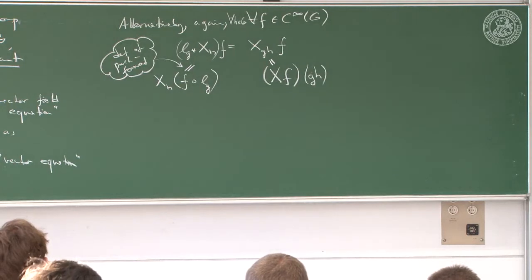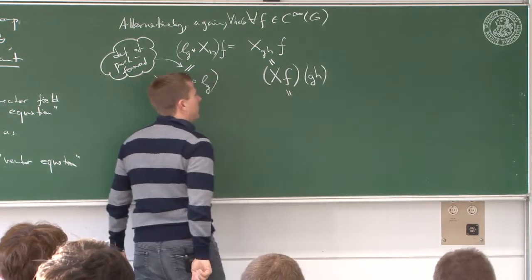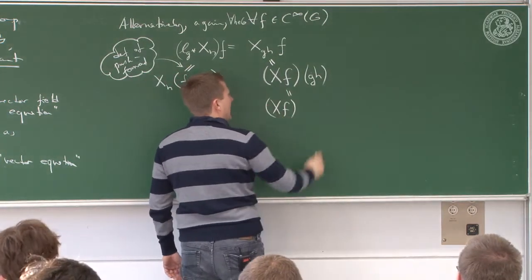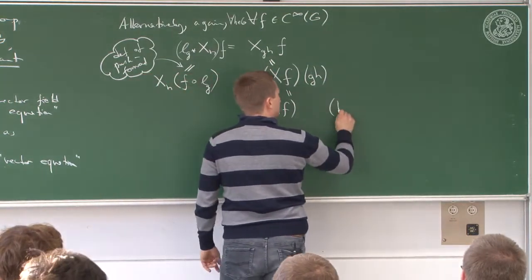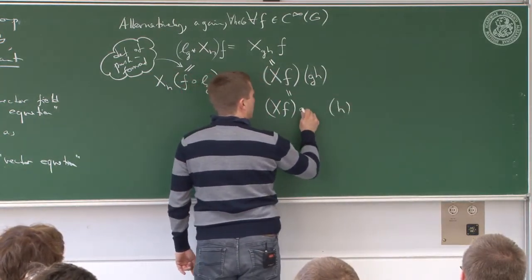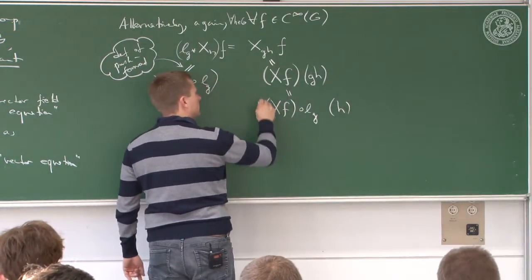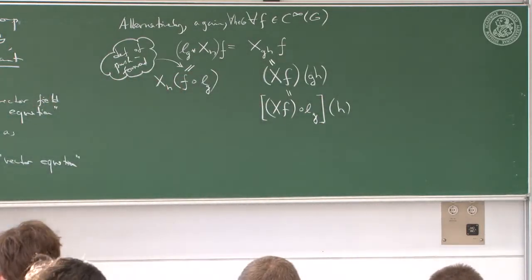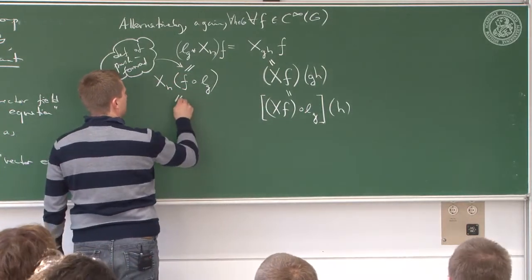It's also clear. But now I like to massage this one bit further, namely I say this is XF, and I don't evaluate at GH, but I want to evaluate at H, but then I have to compose this function with the function LG and evaluate the result at H. Okay? But the same trick I can pull here.